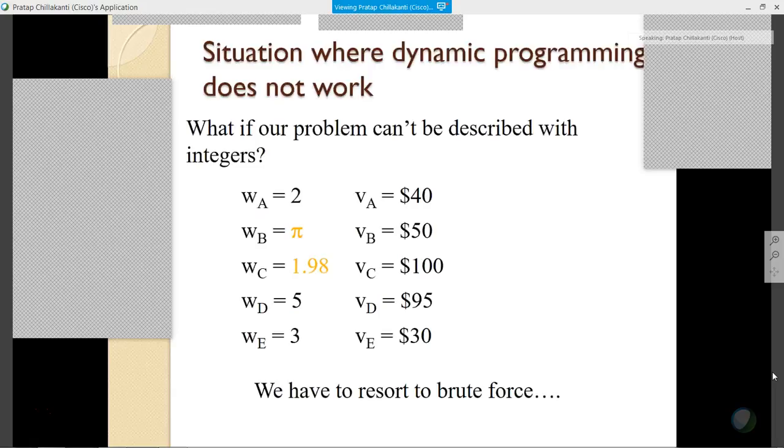So A, B, C, D, E. So if they are all in, we add the weights: 3.14, that's 5.14, 6, 11, 14, 0.14 and 0.98 you add, it comes to that 15 point something. And if you add all the values there, 40 plus 50, that's 90, 90 plus 100, 190, plus 95 is 280.